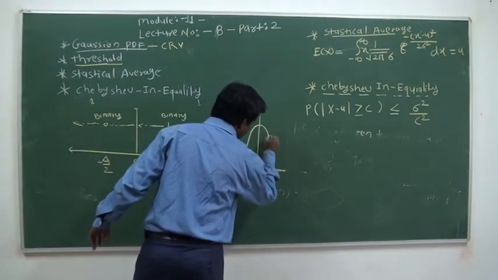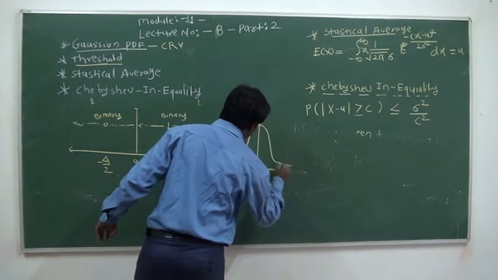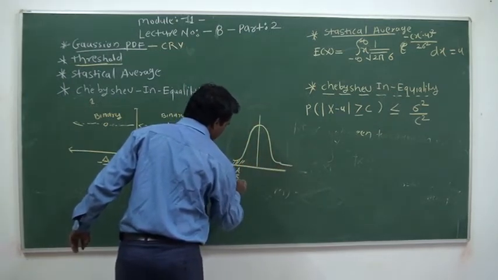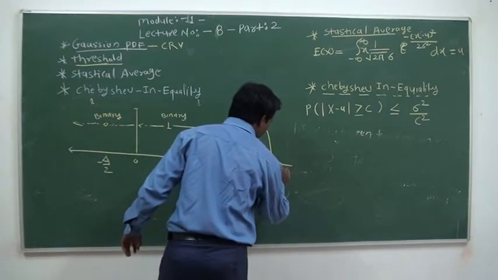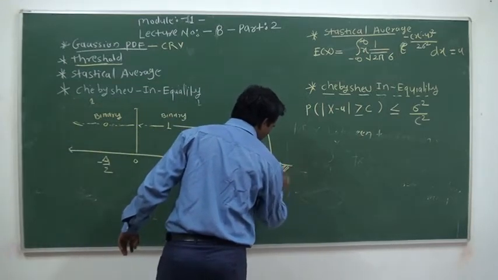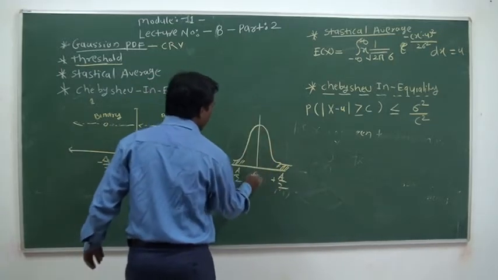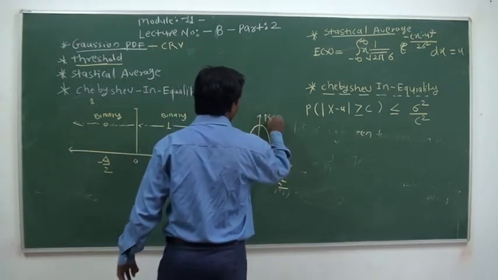So this is a Gaussian period. This is voltage at minus A by 2 and this is voltage plus A by 2. So this is the value of 0 maximum PDF.